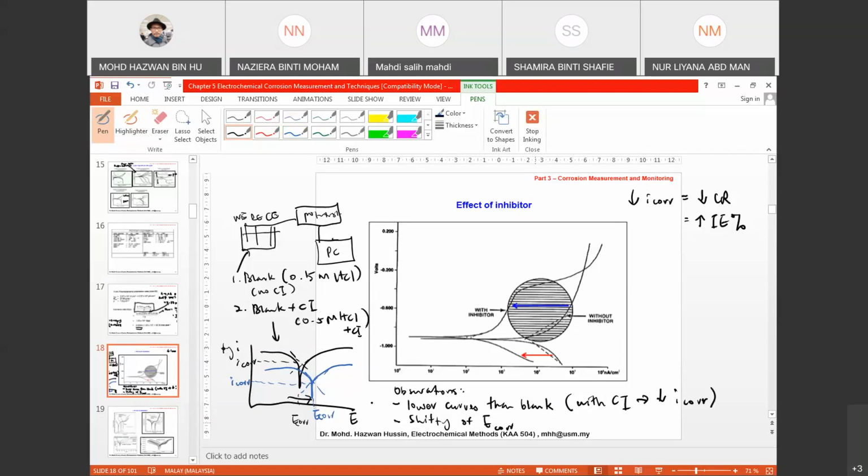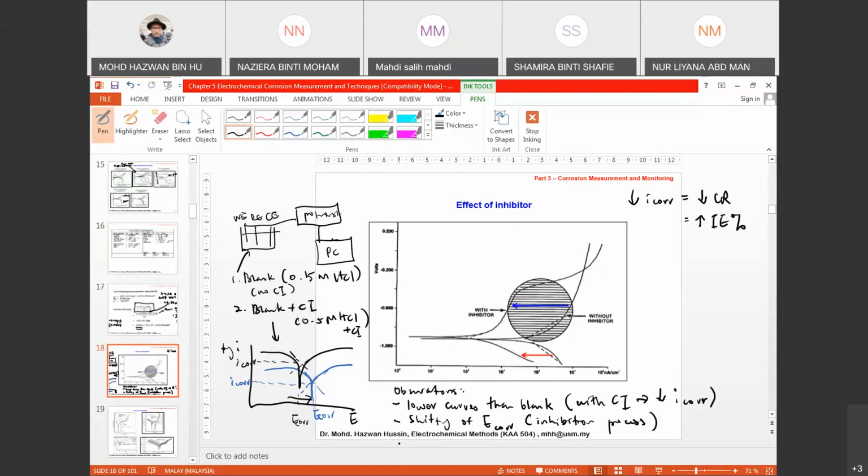When you add the inhibitor, it shifted more positive. So what does this indicate? This actually indicates that there will be an inhibition process. So there's an inhibition process that occurs when you add the chemicals inside the electrolyte.